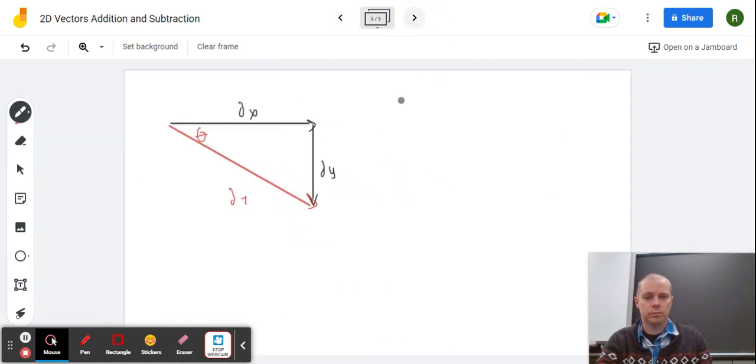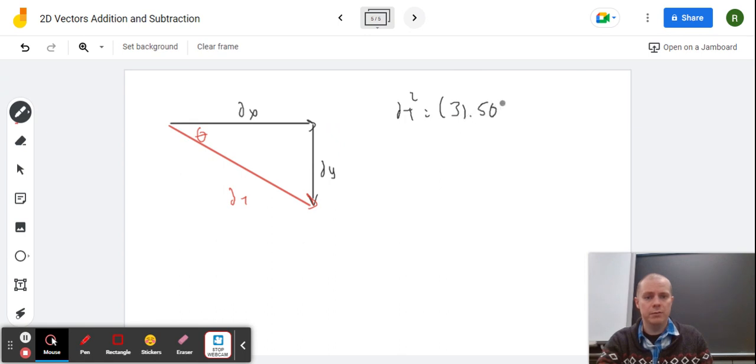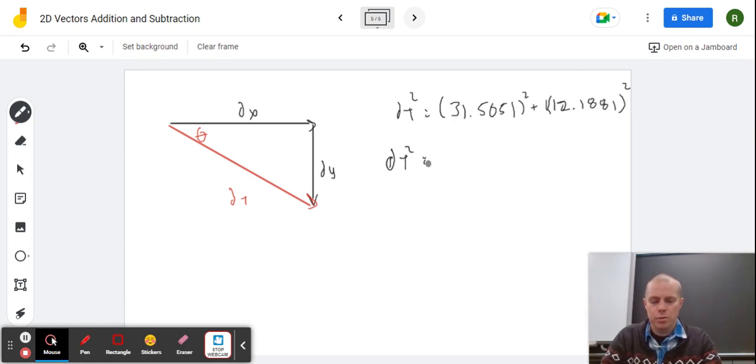So that's going to be 31.5051 squared plus 12.1881 squared.